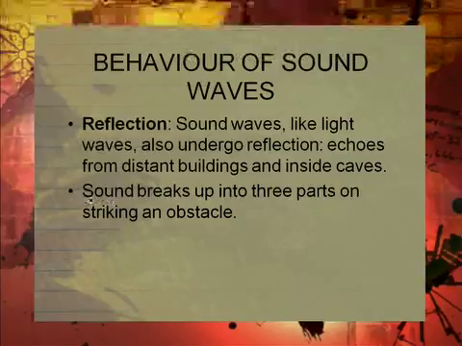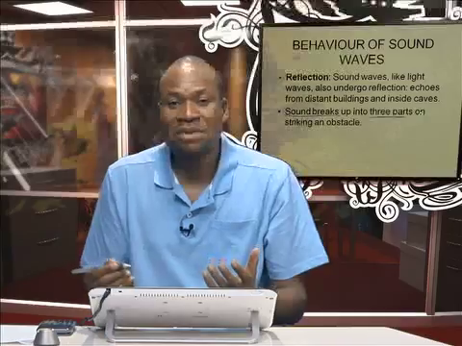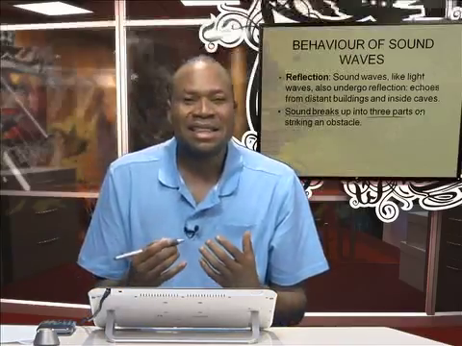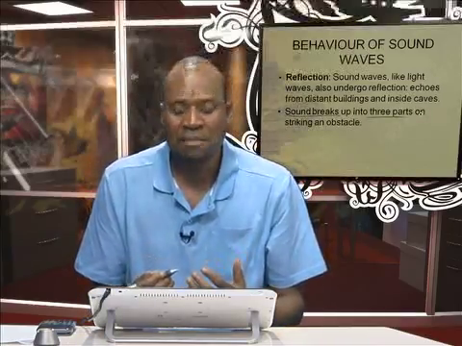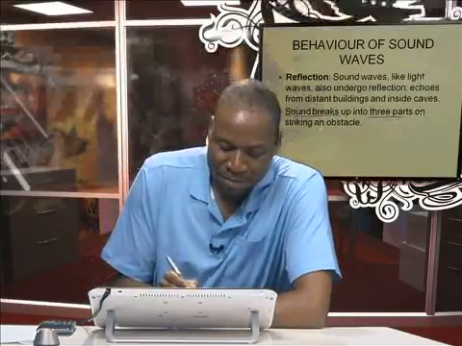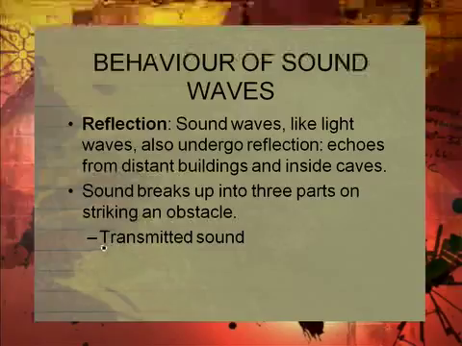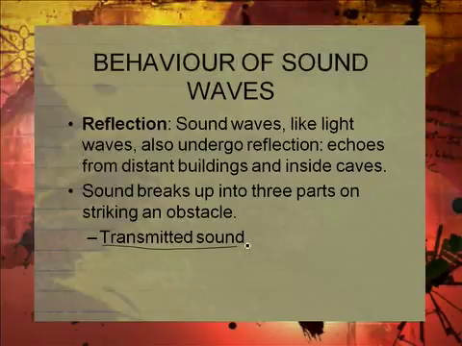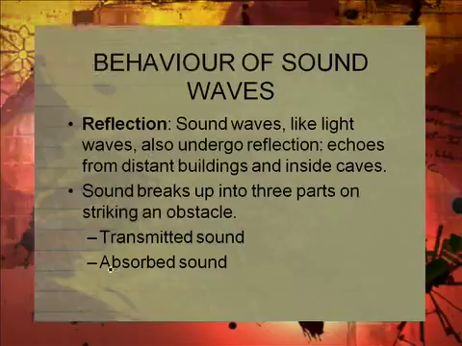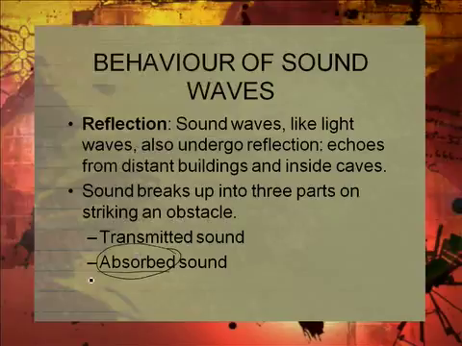When these sound waves hit obstacles like these big buildings, they actually split up into three parts. One, part of the sound wave is transmitted. What does transmitted mean? It means it is allowed to pass through that obstacle. Two, part of the sound waves are absorbed into that obstacle.